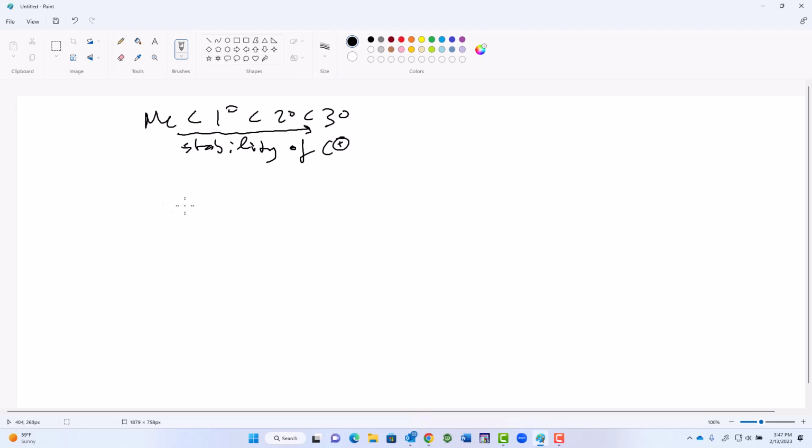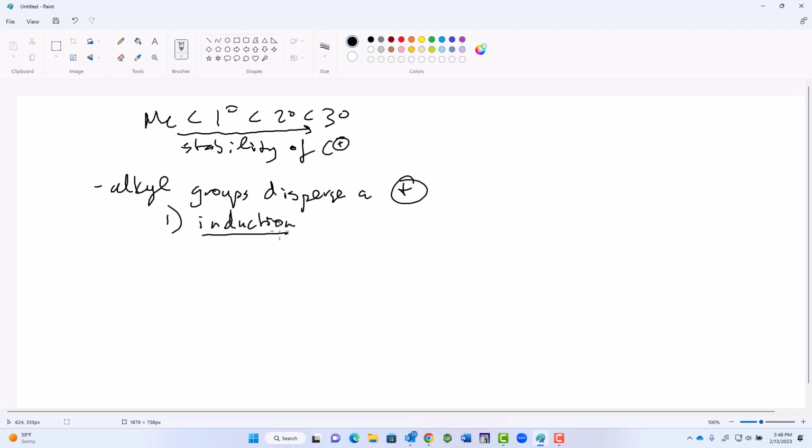So the main reason is that alkyl groups disperse a positive charge. And there's 2 main ways this does this. The first way is induction, or inductive effects.